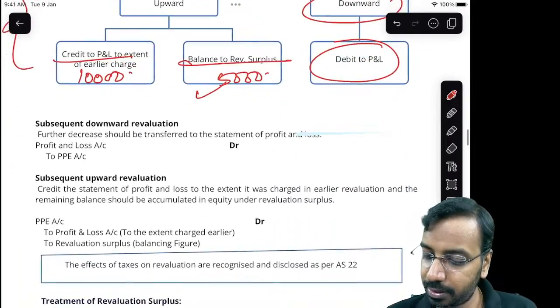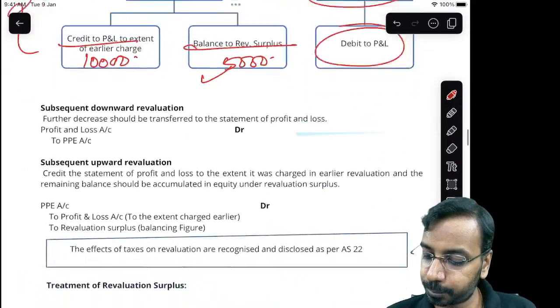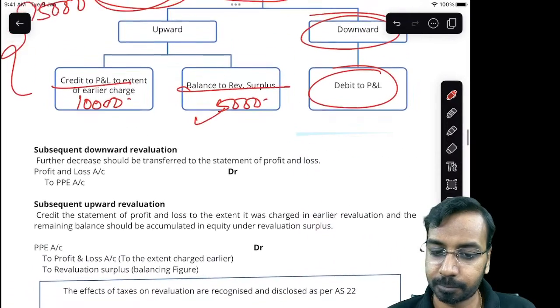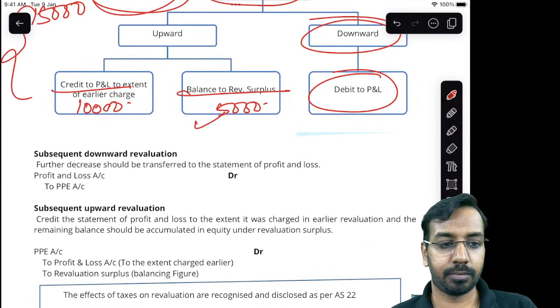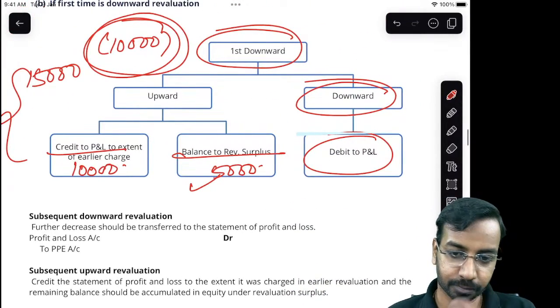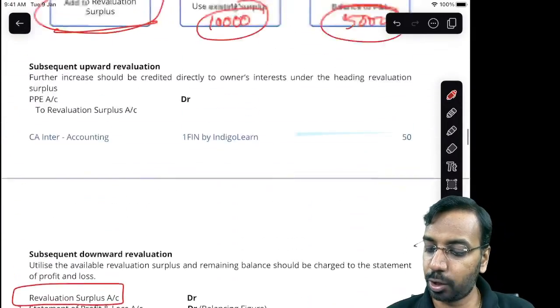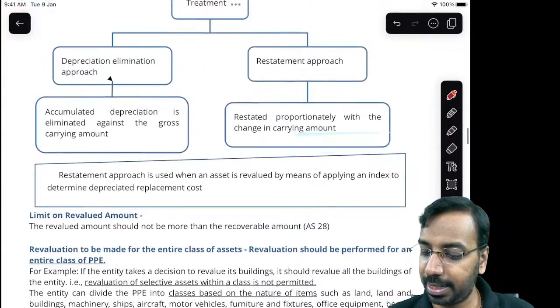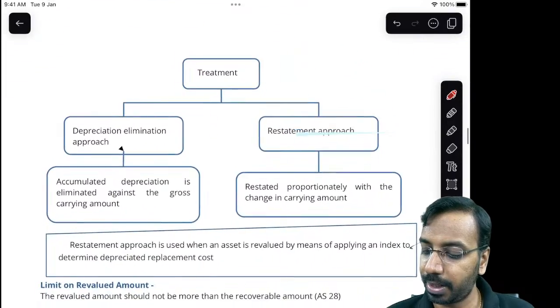Any questions here? I hope this revaluation surplus component is clear now, how to do upward and downward.